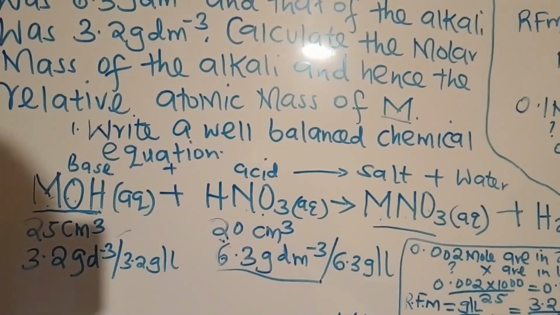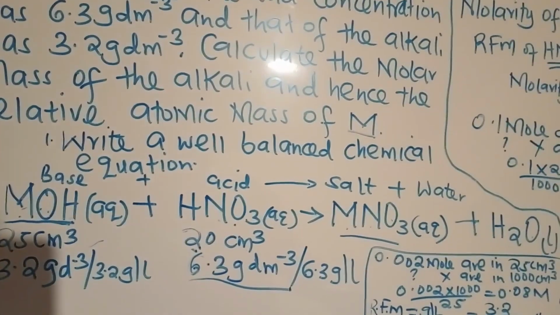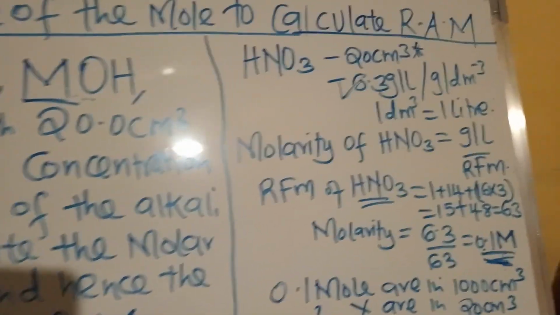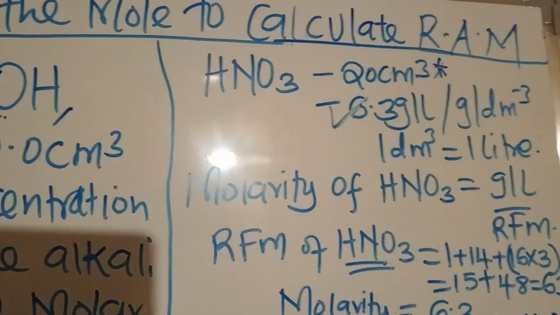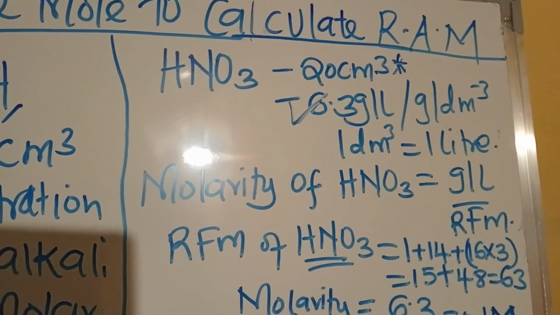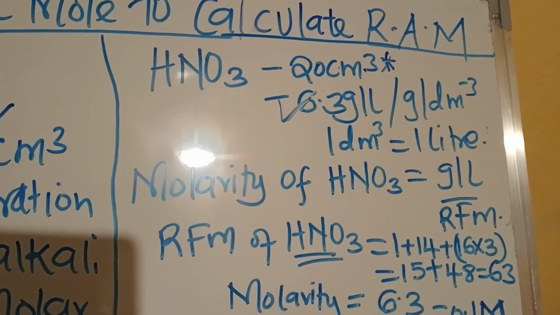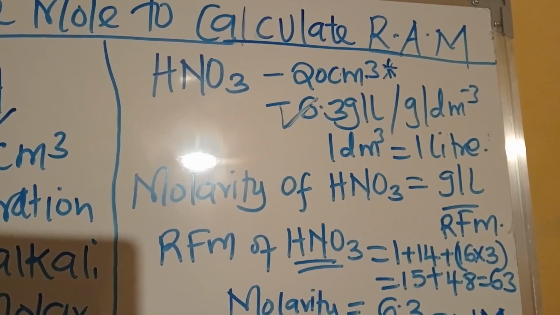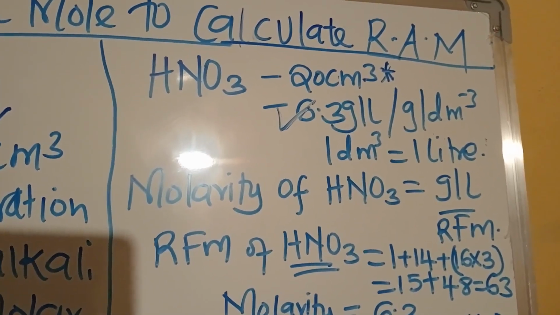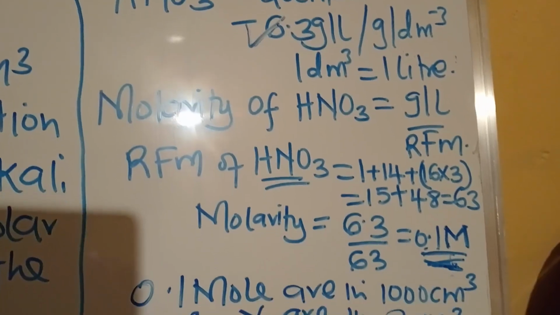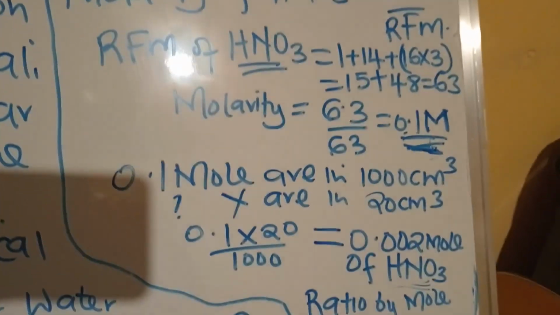So that is all we have done. We started with the equation, it was balanced. We went to nitric acid because it is the one that we knew all about. We could not use the MOH because M is unknown. Those are the many steps that we followed.